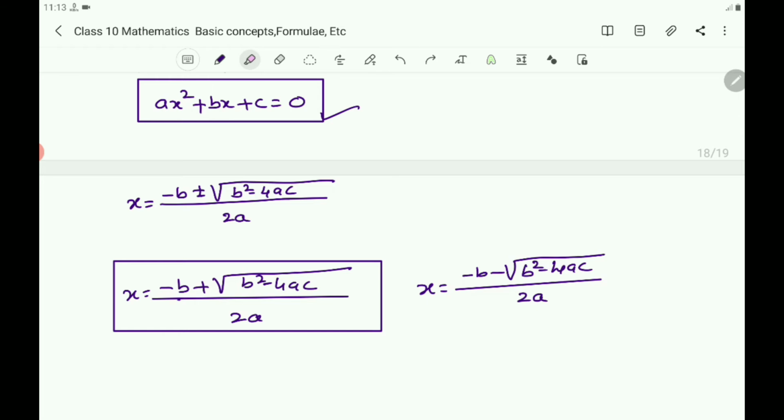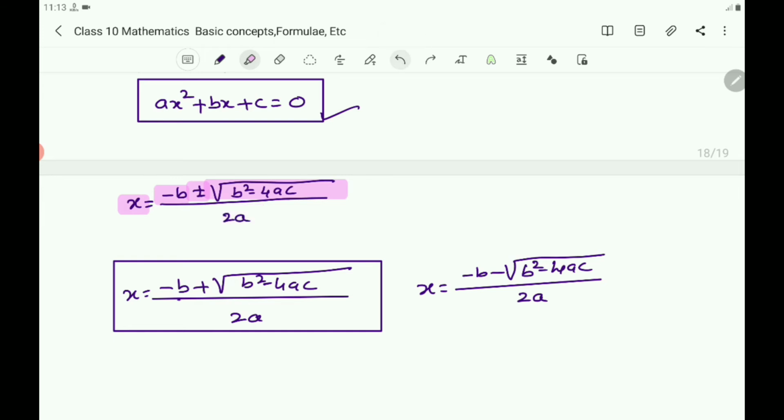These two are the roots of the quadratic equation ax² + bx + c = 0, and this is the formula. What is the formula? x = (−b ± √(b² − 4ac)) / 2a.